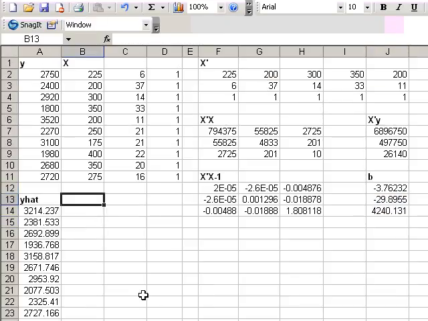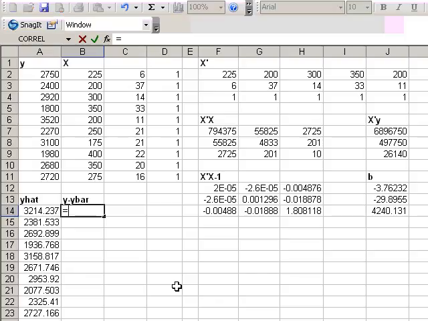The next step in calculating the regression results is to find y minus y bar. Y minus y bar will be the actual value of y minus its mean.